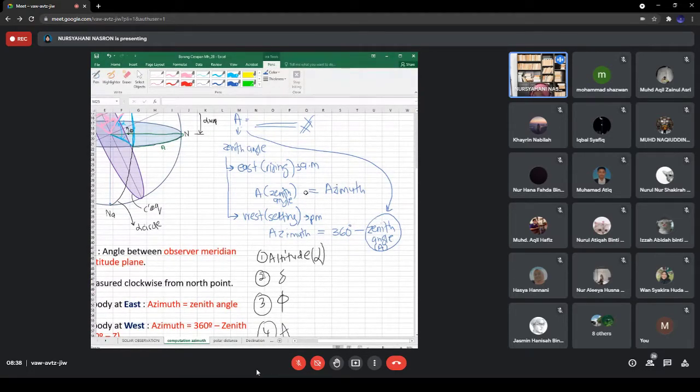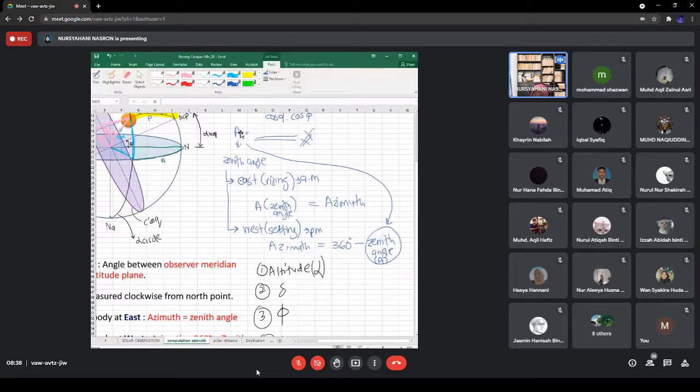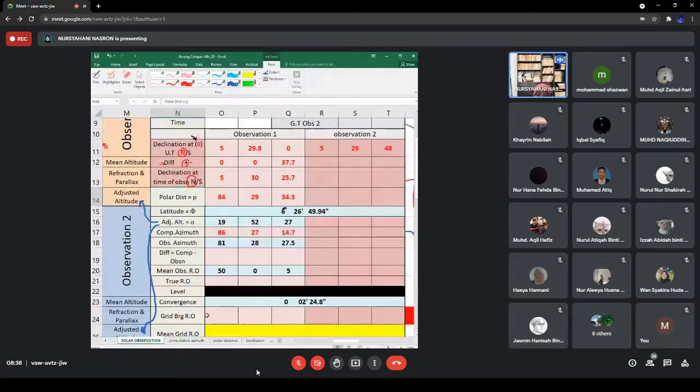After you get the value of A, for the evening observation, you need to subtract it from 360 degrees. After that, then you write your answer at the computation azimuth. Okay?